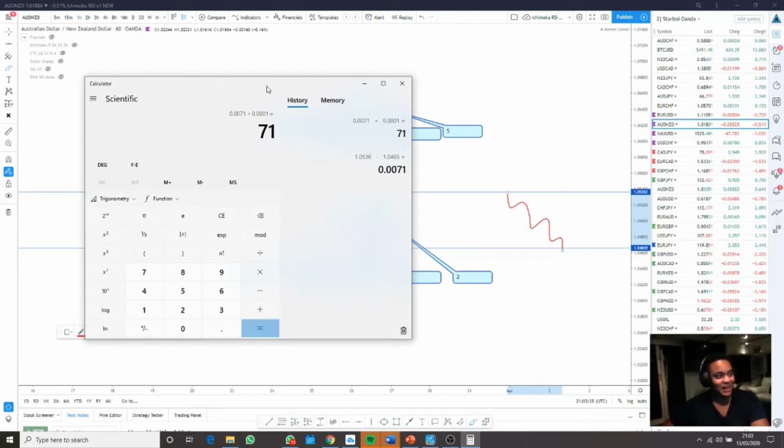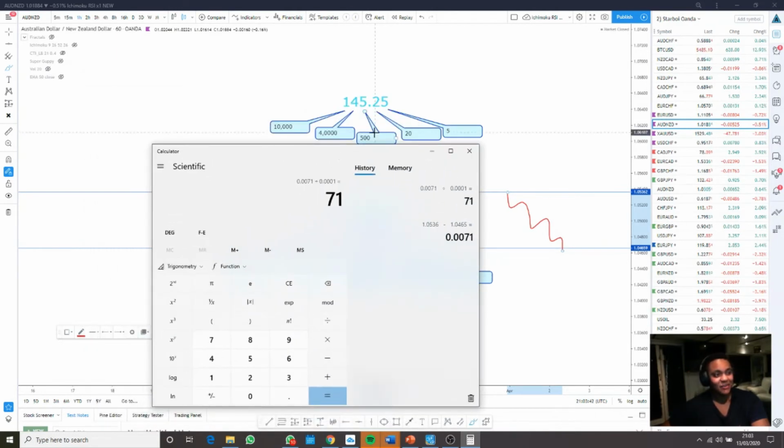Nice and simple. Now, the same goes when you have a number like this. Say, for example, using just random numbers, 145.25 minus 142.23 equals, so it's the same thing, top number take away the bottom number.